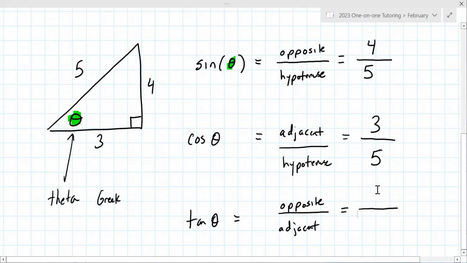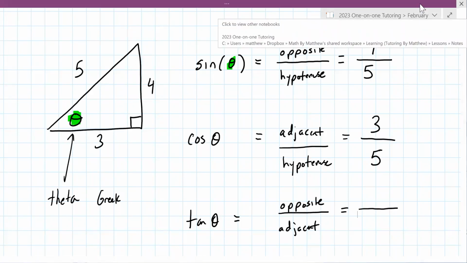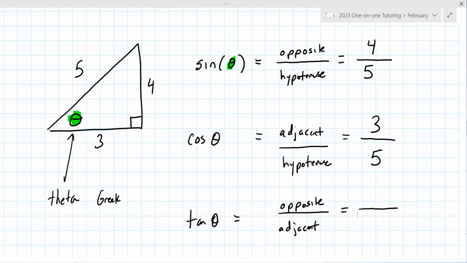Tell me what is opposite, what the number is that goes to the opposite. Opposite is 4 and adjacent is 3.